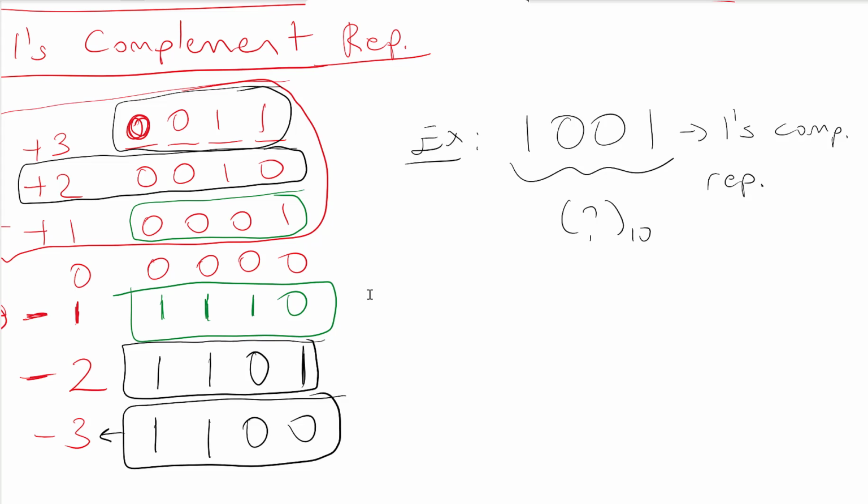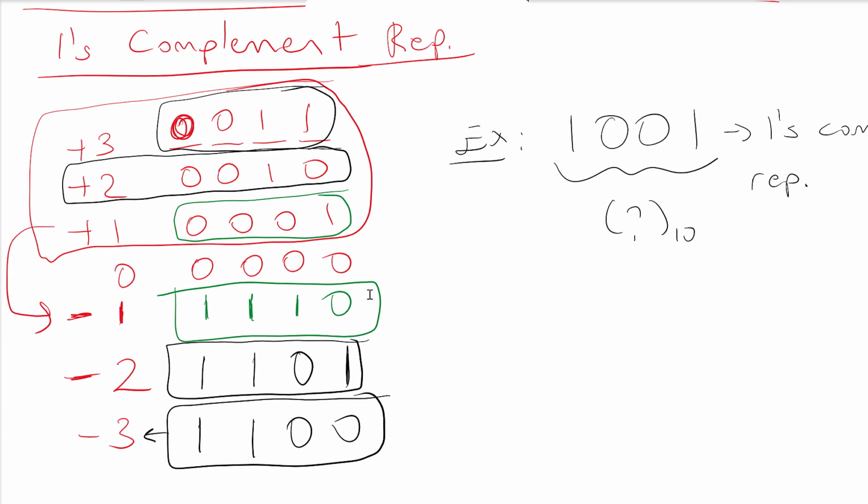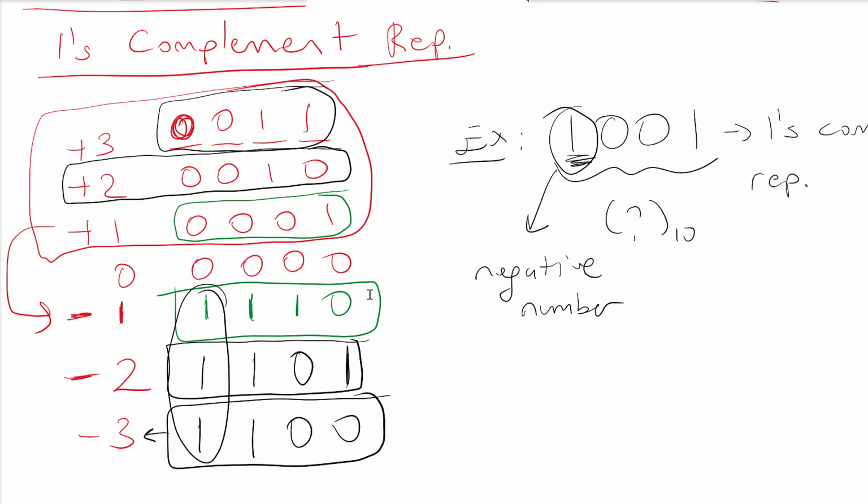The first thing you need to notice is that a negative number always has 1 on the leftmost bit. So from this, you can tell this is a negative number. But what is the magnitude? We don't know the magnitude, because this is not signed magnitude, so I cannot easily find out the magnitude.